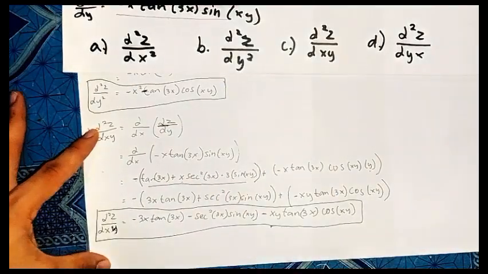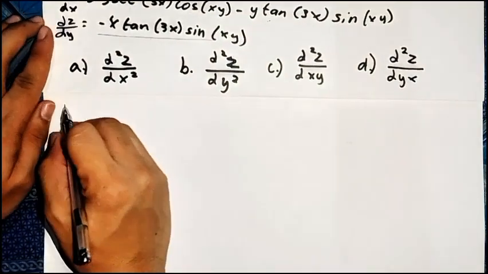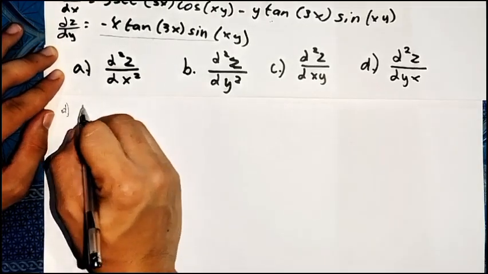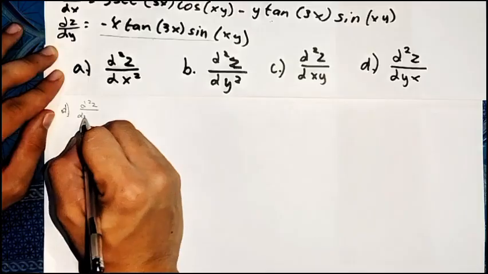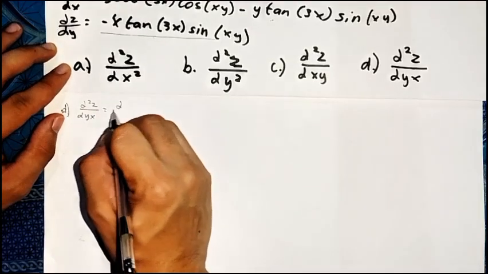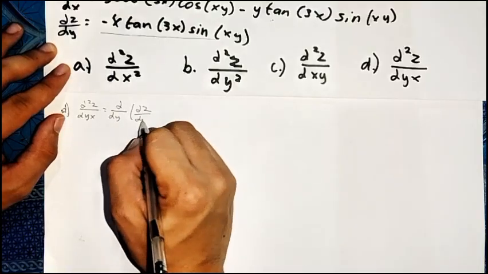Okay, one more. Let's proceed to letter D. At D we have partial squared z over partial yx. It can be written as partial y of partial z with respect to x.